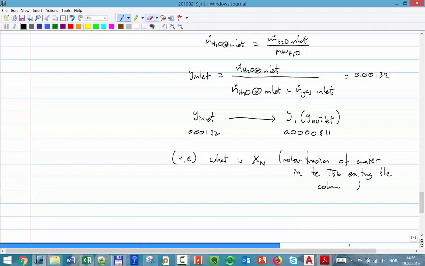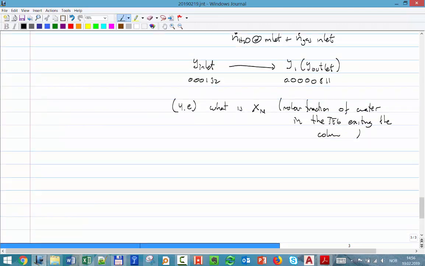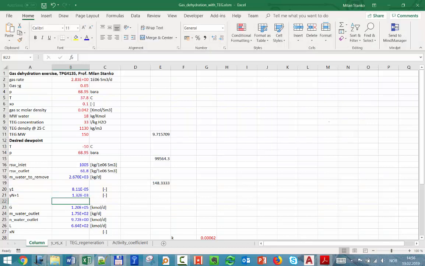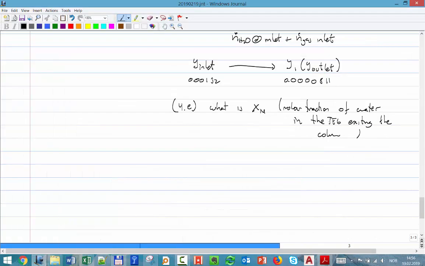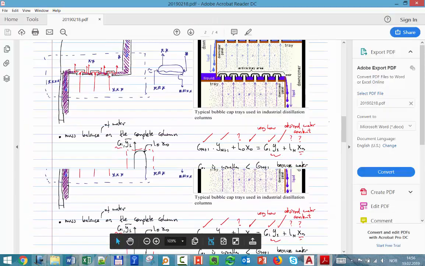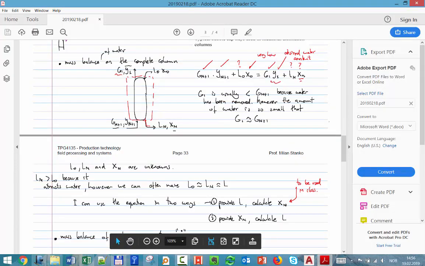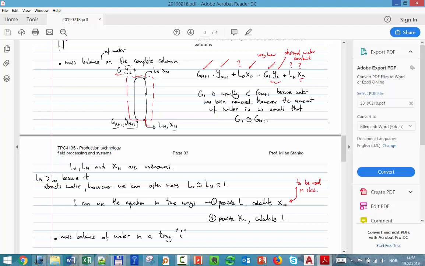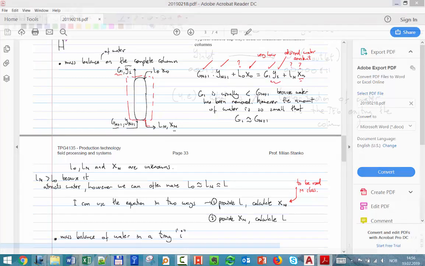We just want to know, with the conditions that I have, what is the amount of water in the TEG exiting the column. We know what is coming in: the TEG has 10% water. We know the exit will be bigger than 10%, but we want to know how much. For that we go to the equation of the whole column, this equation. We have G, we have Y, we have Y1, everything. We just have to clear xn from that equation.